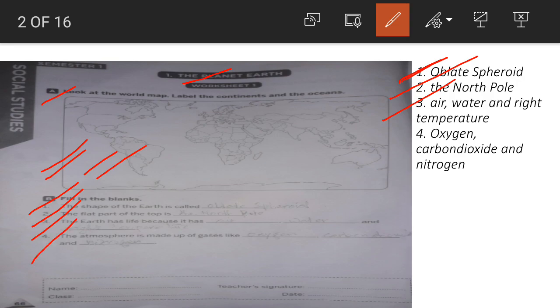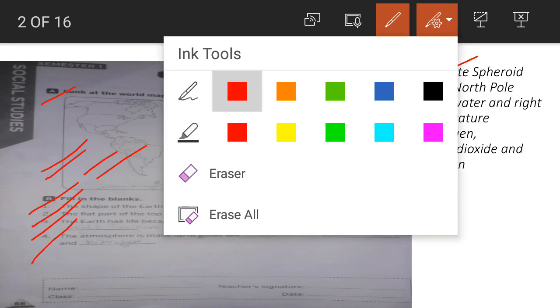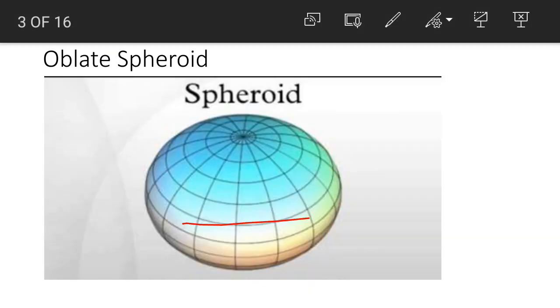The atmosphere is made up of gases like dash, dash and dash. The atmosphere of our earth is made up of gases like oxygen, carbon dioxide and nitrogen. So this is our earth.